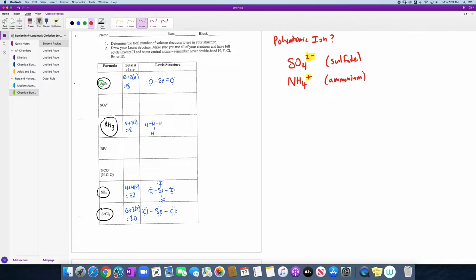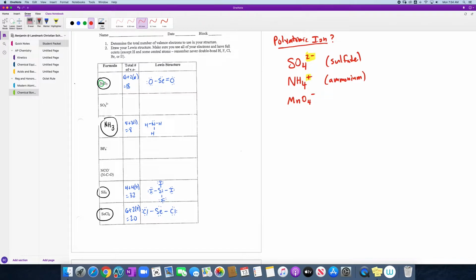So how could we do a Lewis structure for a polyatomic ion? These are atoms that are bonded together. Notice that everything in here is nonmetals. Occasionally you get a polyatomic ion with a metal, for instance permanganate.